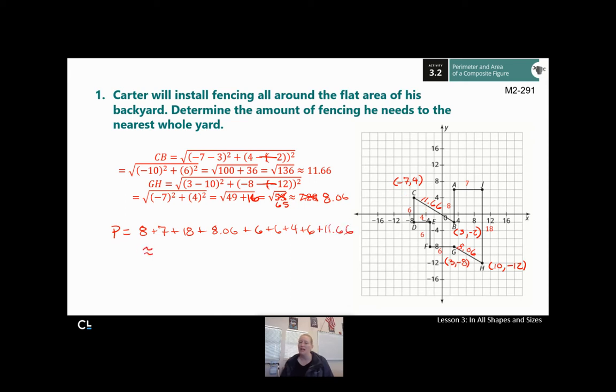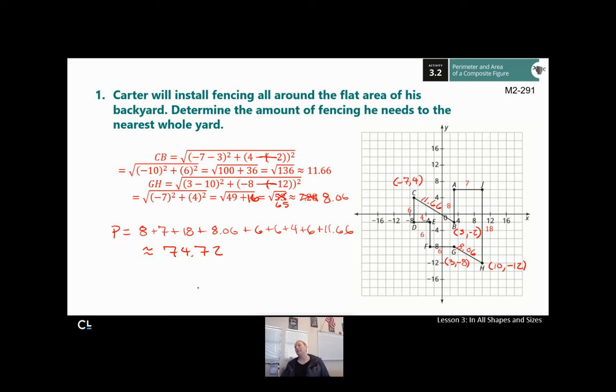And I'm going to bust out my calculator because I need my calculator. 8 plus 7 plus 18 plus 8.06 plus 6 plus 6 plus 4 plus 6 plus 11.66.